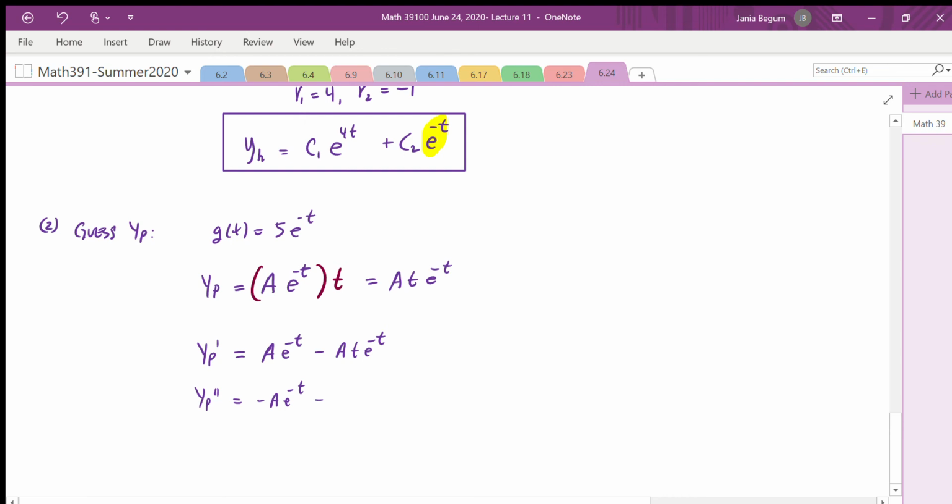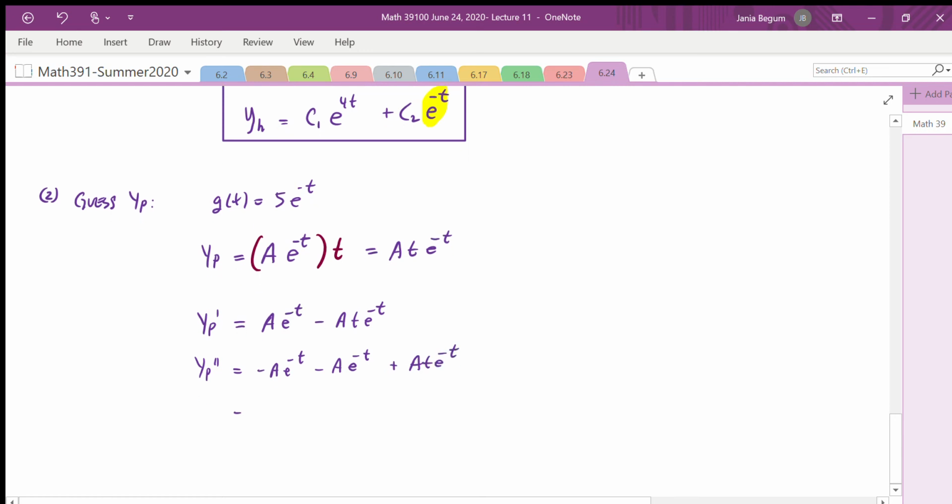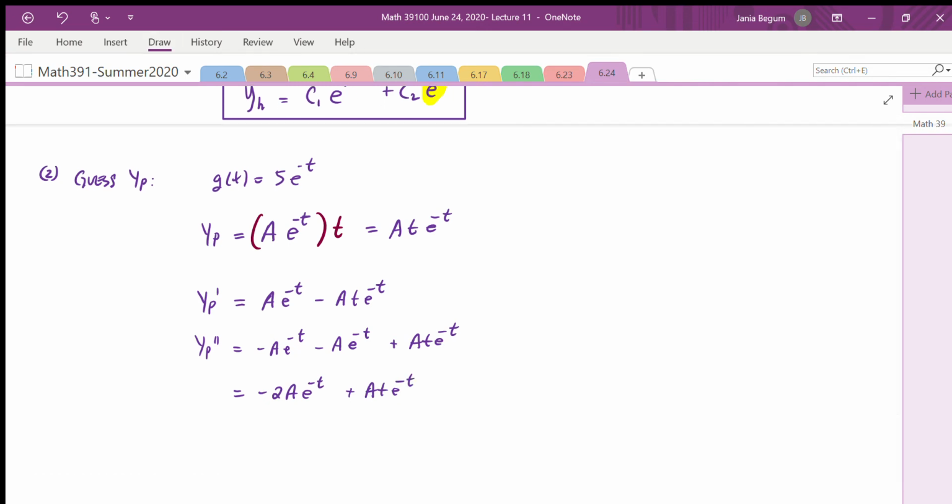That would be negative a e to the negative t plus at e to the negative t. Then I can combine the like terms from the first two: negative 2a e to the negative t plus at e to the negative t. So I have an expression for yp, yp prime, yp double prime.